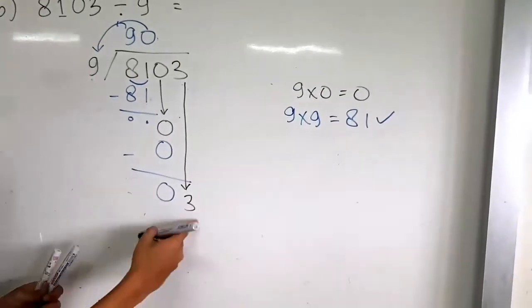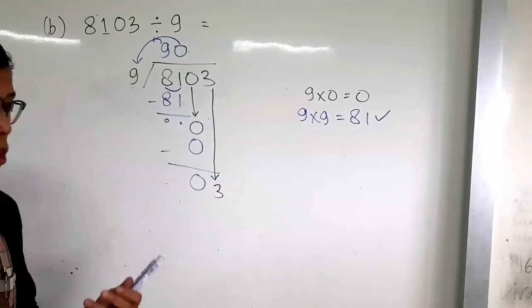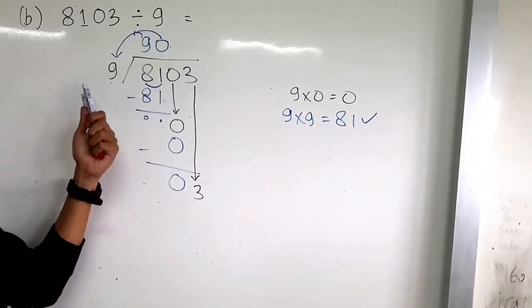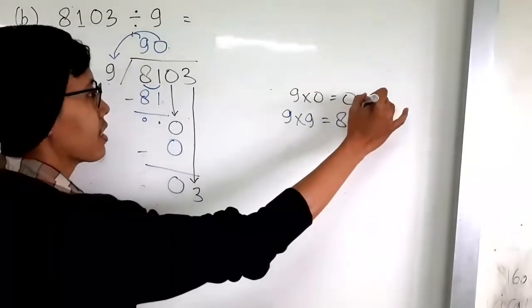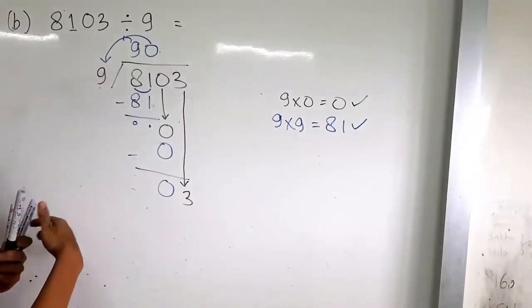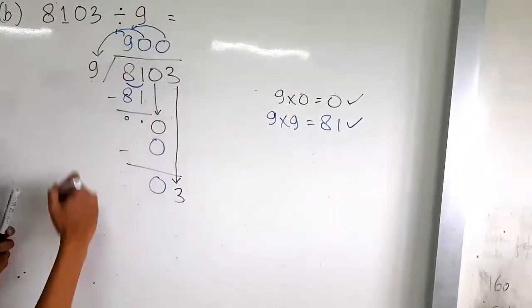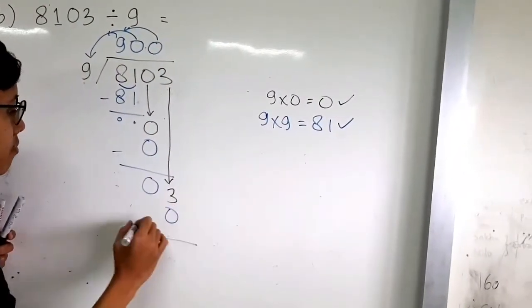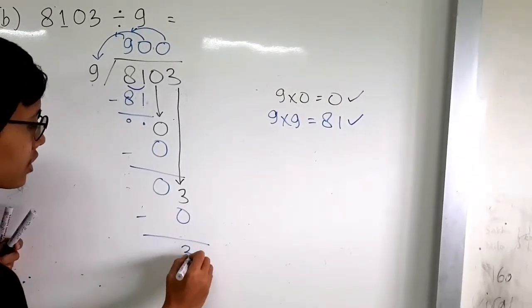Oh, can 3 be divided by 9? No, there is no multiplication of 9 close to 3. So what we got here? Let's put another 9 times 0. So that means another 0. Then 0 times 9 is equal to 0 again. Let's subtract. 3 minus 0 is equal to 3.